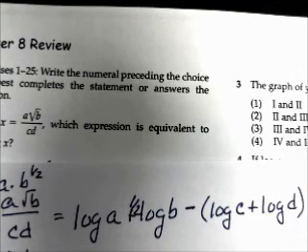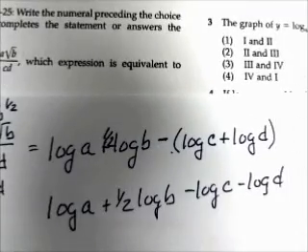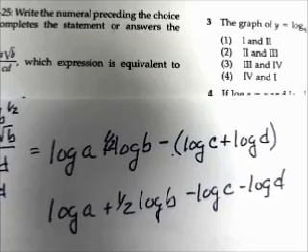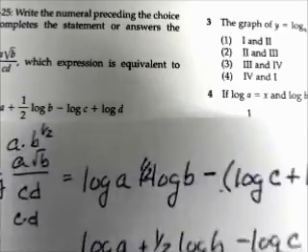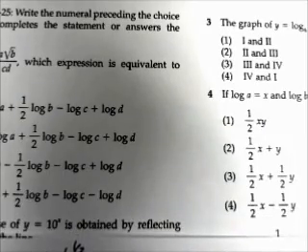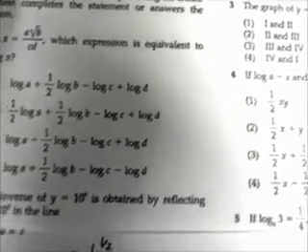All right, and if that is not one of our 4 options, then distribute this negative here over parentheses. So log a plus 1/2 log b minus log c minus log d. And that would be option 4.